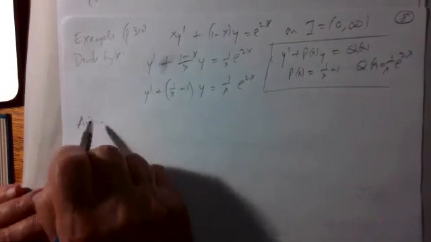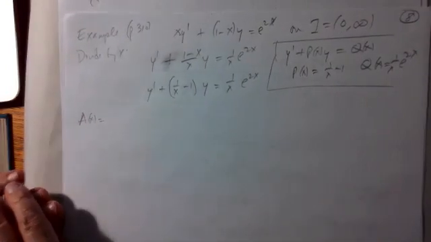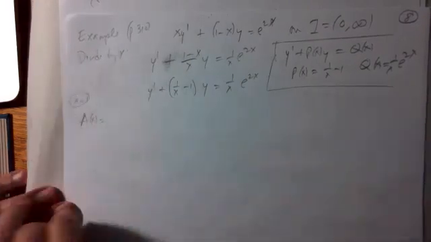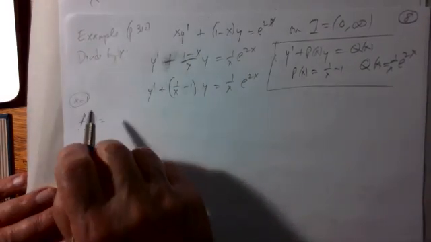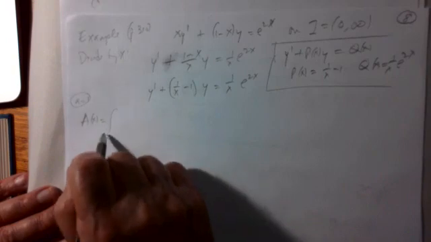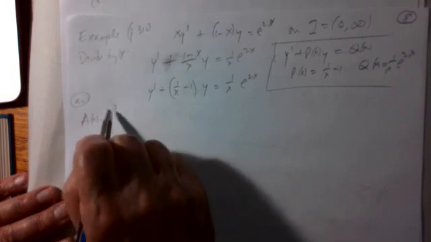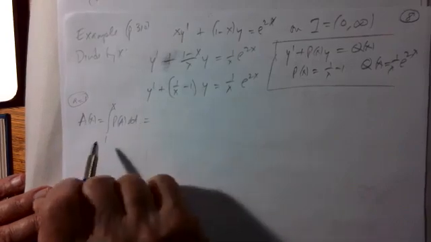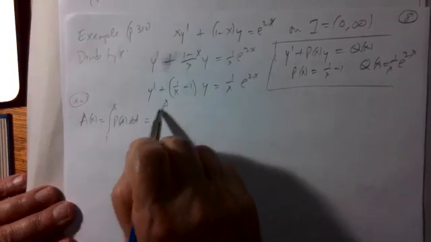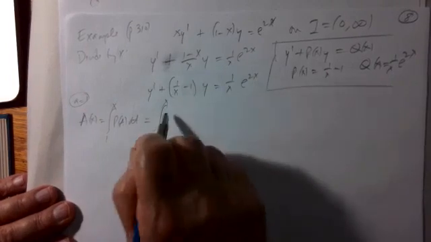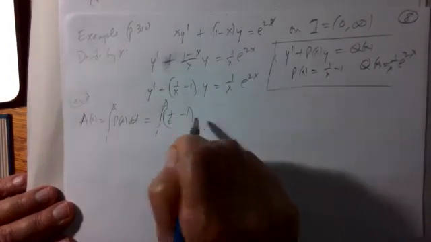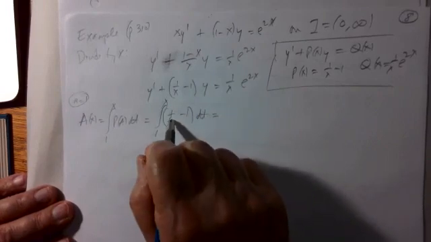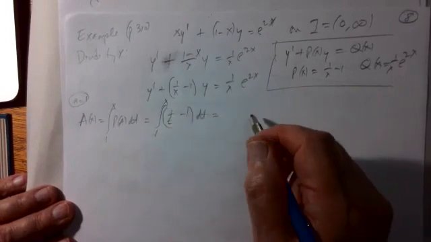What does a of x equal? Suppose we just let a be equal to 1. We have to pick some a. So a of x is the integral from 1 to x of p of t dt. P of t is 1 over t minus 1. What's the integral of 1 over t minus 1?